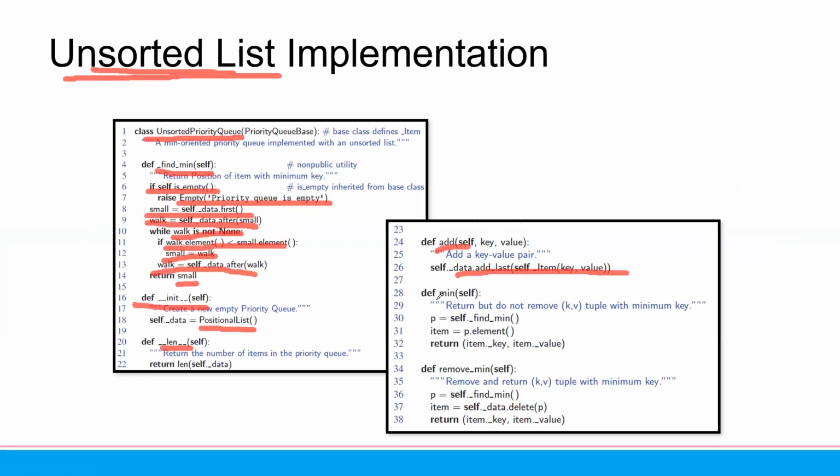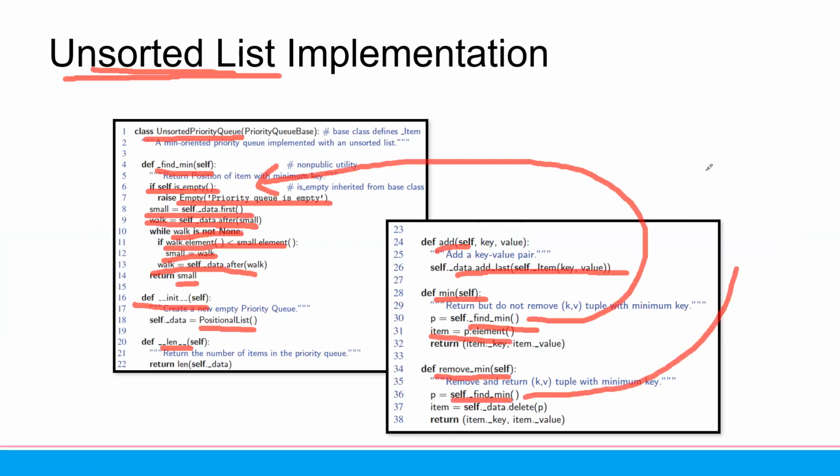And if I want to check the minimum, I will call the find minimum function to check what is the minimum value, and then I will get the minimum item. If I want to remove the minimum, again, I will call the function find minimum, and then I will delete it.